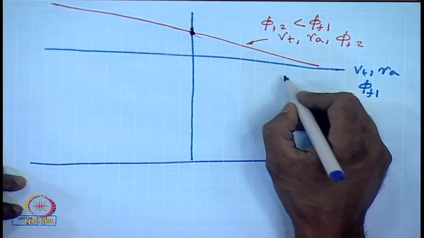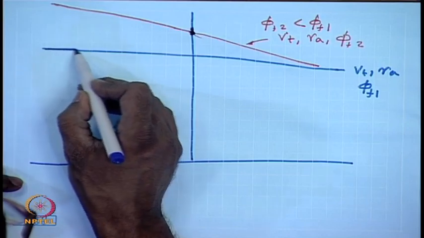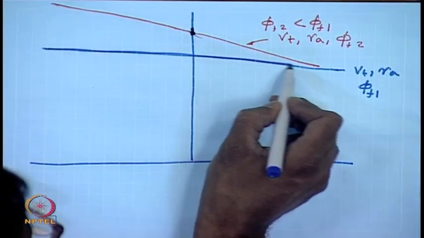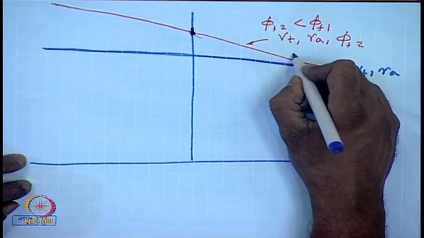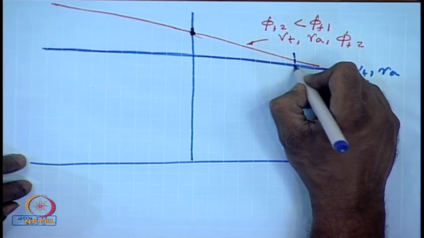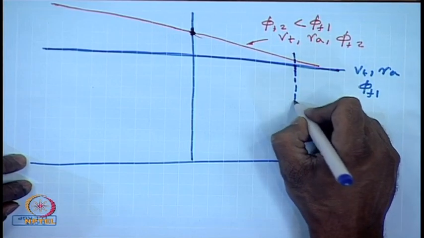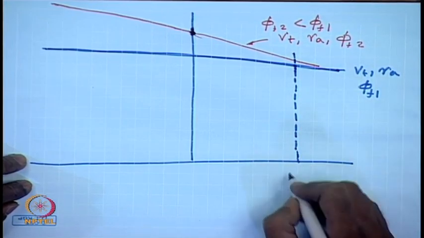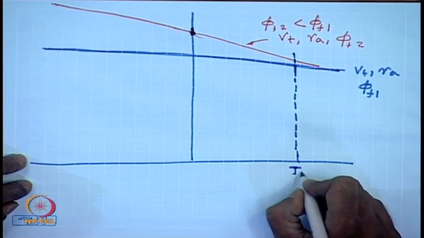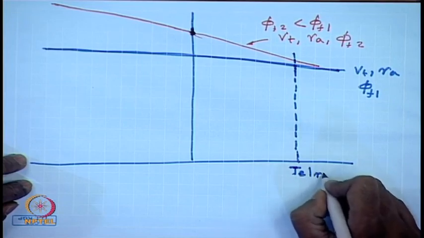Now, we have seen that we cannot operate the machine anywhere on these characteristics because of limitation of the armature current. So, only that much torque can be generated which corresponds to rated armature current.